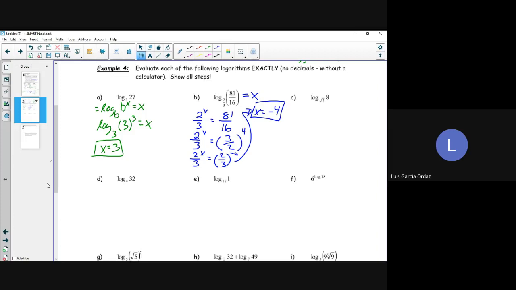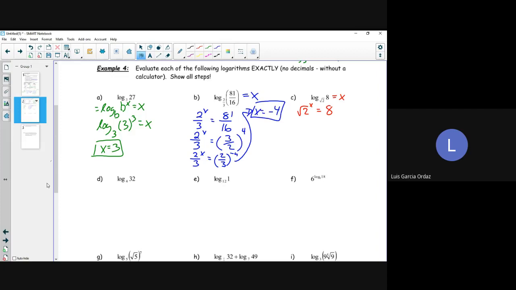And now we have c, which is log base root 2 of 8 is equal to x. So all we're going to do is follow the same steps. So we get root 2 to the x is equal to 8.